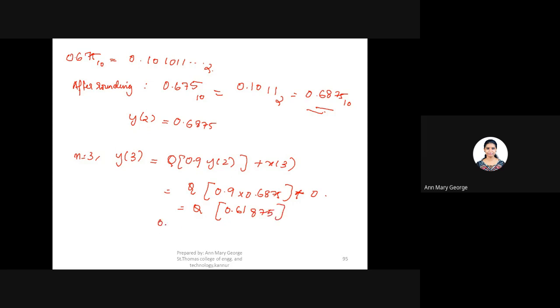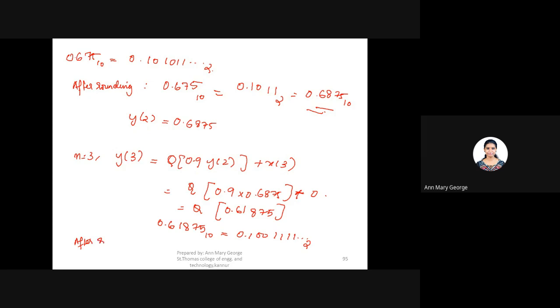We can write 0.61875 as 0.1001111. Similarly, you have to round this value.